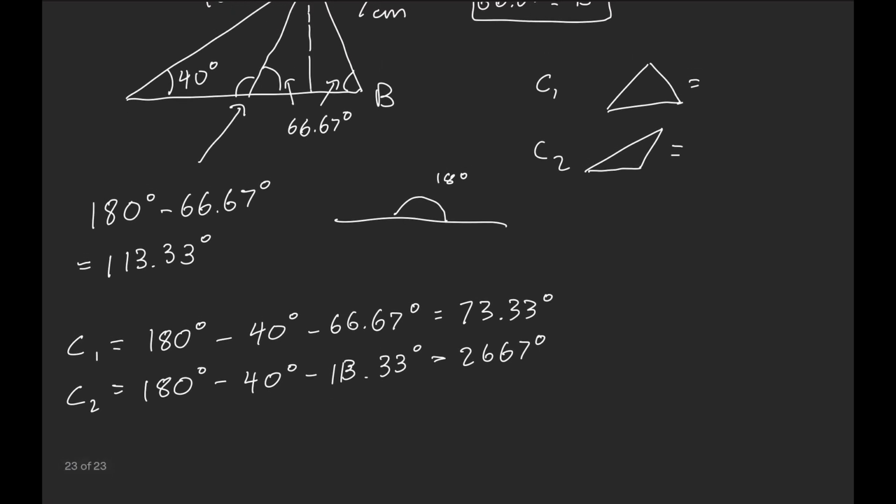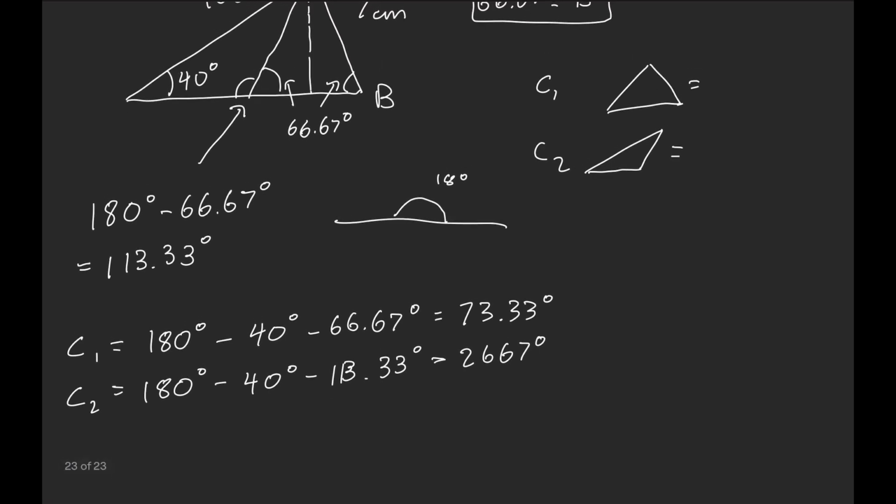So our two triangles in the end would look something like this. I've only solved for the angles here. You would need to use sine law to solve for the sides, but just for the sake of time, I will do angles only. C1 has three angles. These angles are 40 degrees, 66.67 degrees, and 73.33 degrees.